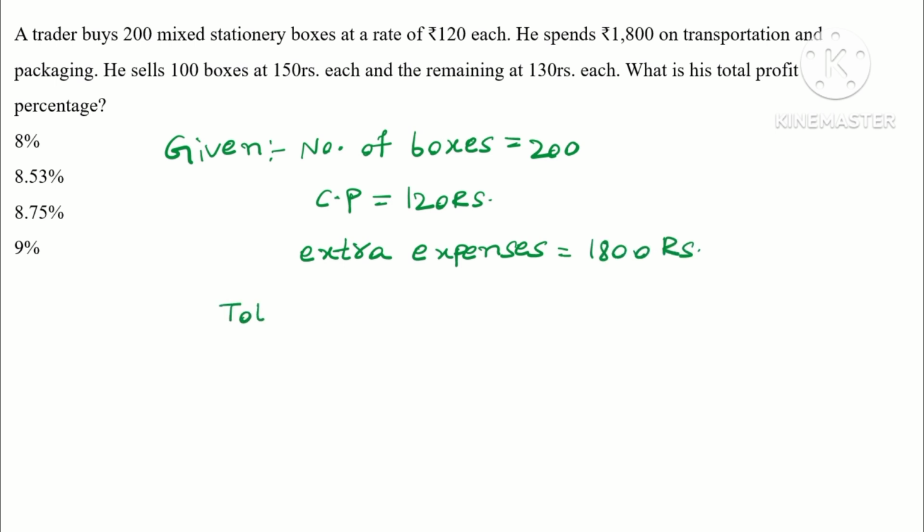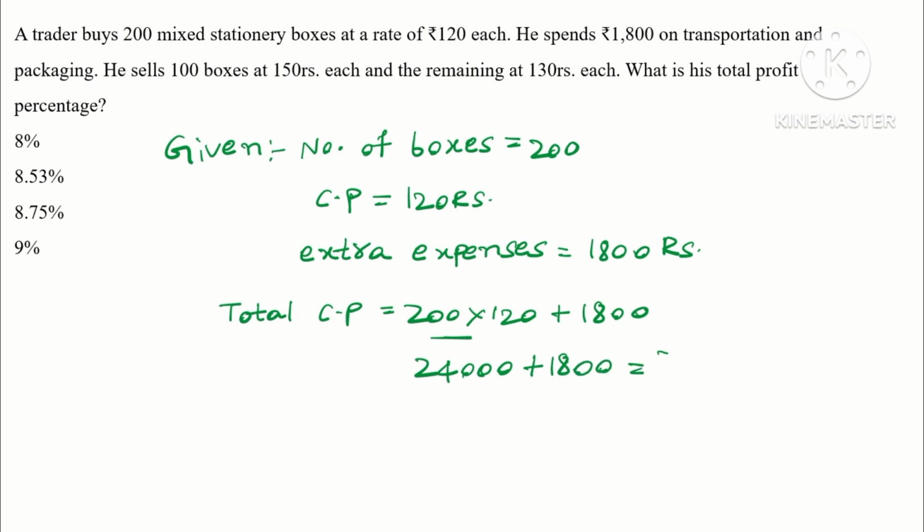Let's find total CP equals 200 into 120 plus extra expenses 1800. 200 into 120 is 24,000 plus 1800 equals 25,800. So total CP is 25,800 rupees.